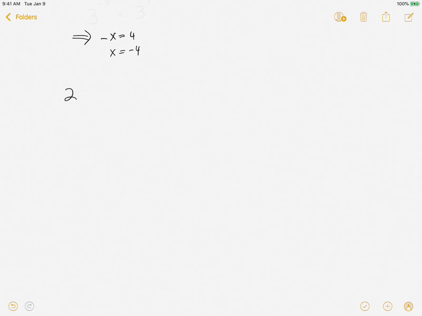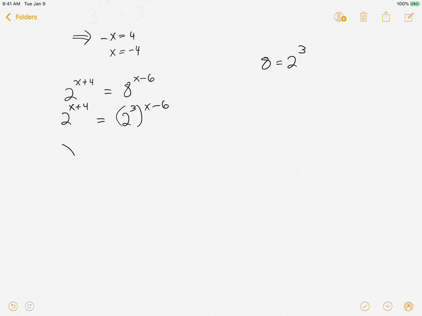Let's do another one. This one's a little bit trickier, but not too bad. Can I write these with the same base? Well, if I look at it, one side's base 2, the other one's base 8. So I'm going to ask myself, can I write those to have the same base? Well, you can. 8 is 2 to the 3rd power. So I can rewrite this as 2 to the 3rd power.